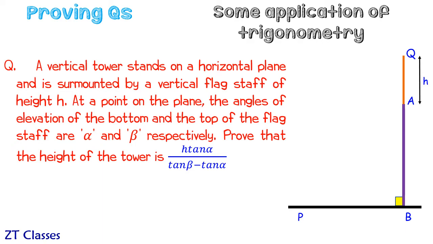So let's say the point is P, its angle of elevation from A is given as alpha, and from Q, that is top of the flag, is given as beta. You have to prove that height of the tower is AB. So basically you have to find AB, or you have to prove AB is equal to h times tan alpha upon tan beta minus tan alpha. Let's see the solution.